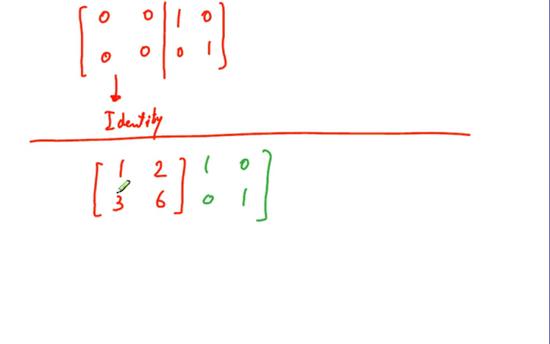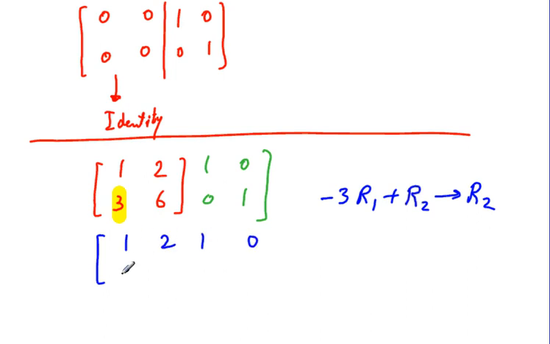I try to get rid of this entry. Well, what is the command I use to get rid of this entry? -3 row 1 plus row 2 is my new row 2. What do I get? 0 here, and 0 here is -3 and 1.